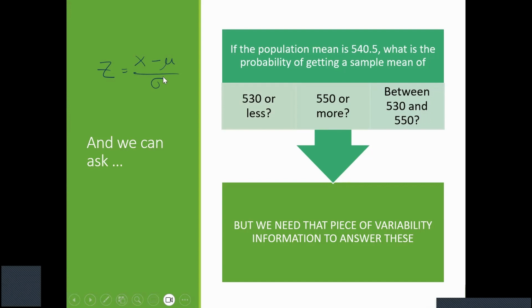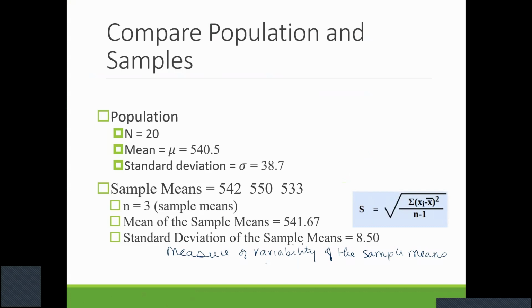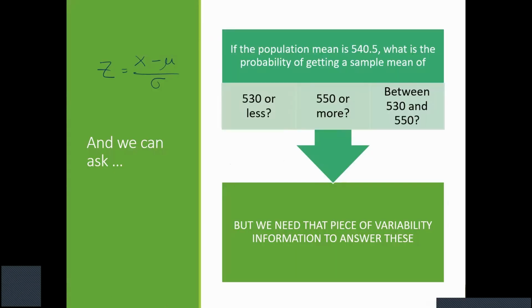So 530 would be a value, and 540.5 would be an overall mean, and then we would need a measure of variability. Now, we just calculated a measure of variability here. The standard deviation of the sample means is 8.5. So in this case, we've got that.